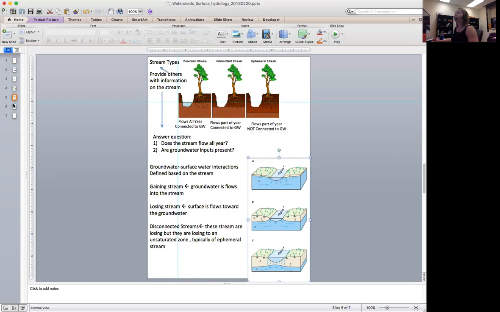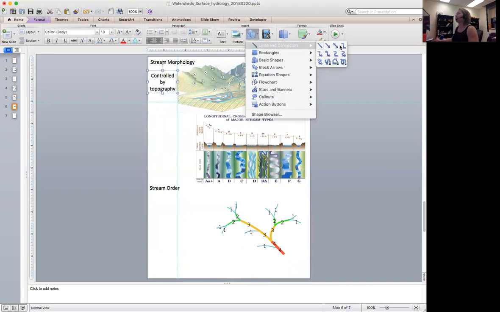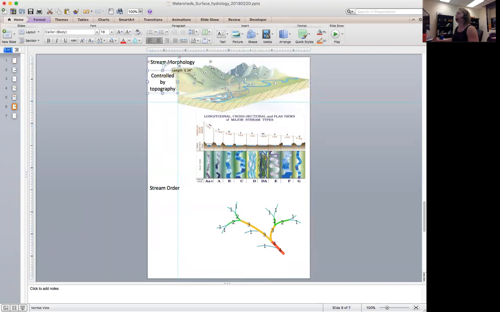And the largest control that occurs on stream morphology is topography. All right. So stream morphology is controlled by topography mainly. There are other factors that play a role, but the topography of the system plays probably one of the largest roles that we have.